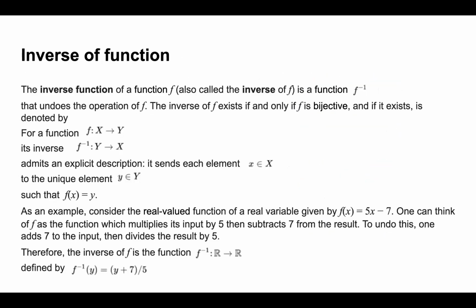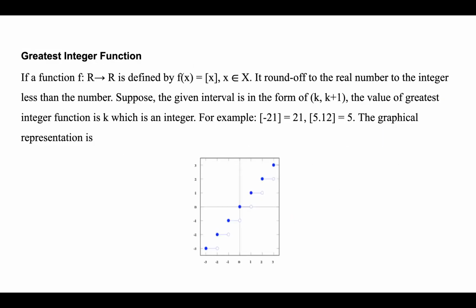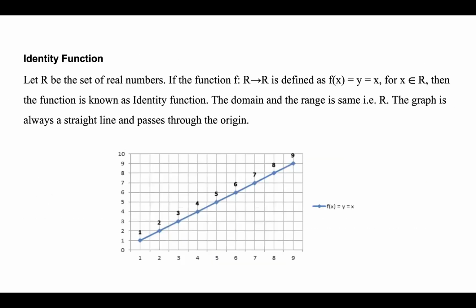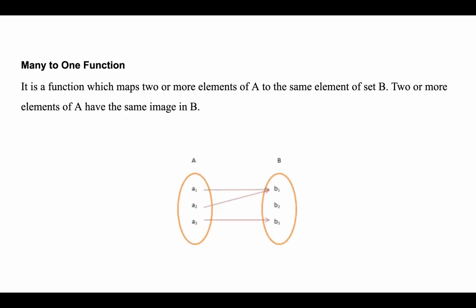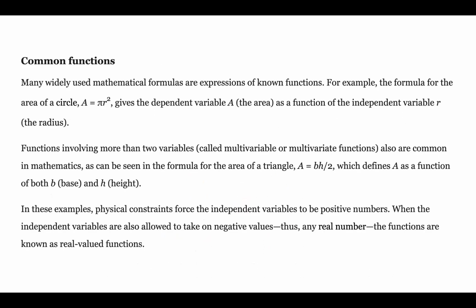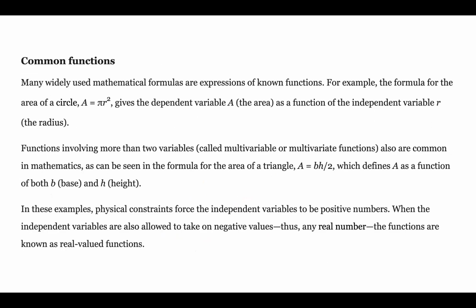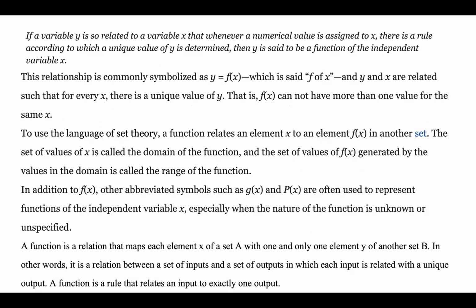Then we already have seen normal composition of functions also, and then types of functions in the very first lecture that we have covered. What are complex functions? That also we have seen. In complex functions, the i, that is square root of -1, is there. Functions are a quantity depending on another variable.